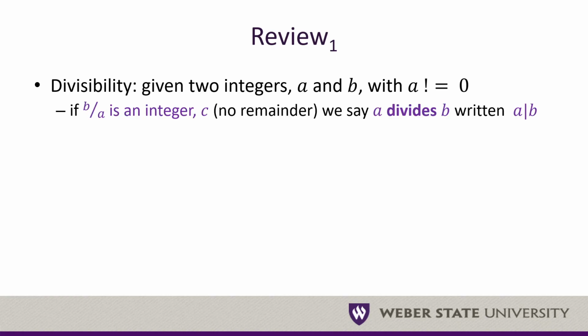If b divided by a is an integer, in other words, it's actually a whole number, it doesn't have any fractional part, then we say that a divides b. It's kind of the opposite. If b divided by a is an integer, then a divides b. Yes? I think it's kind of funny, it's like, if b line a, then a line b.